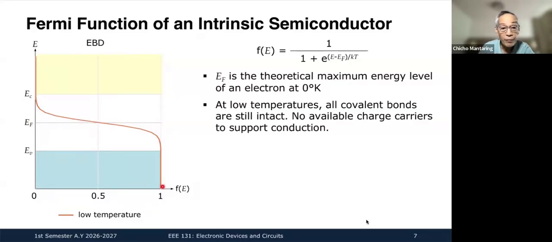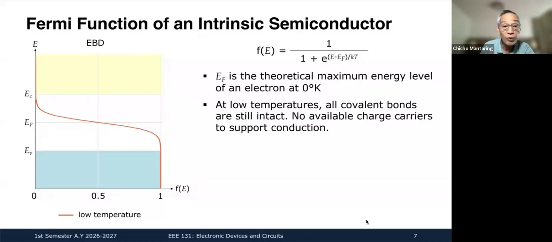Now take a look. Lahat ng valence states dito will still have a probability of 1 that they are occupied. And lahat ng energy states dito will still have the probability of 0, which will mean that they are not occupied.